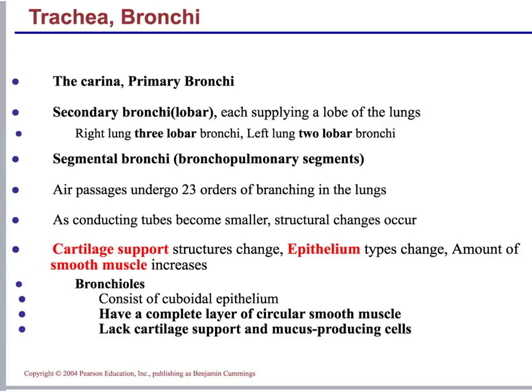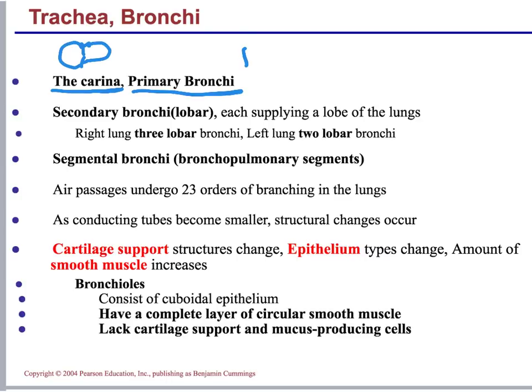From here, we're going to move on down from the trachea into the bronchi and talk about the tracheobronchial tree. At the level of the last cartilage in the trachea, which is called the carina, which has a kind of incomplete figure 8 shape, the trachea splits into 2 airways called the primary bronchi.